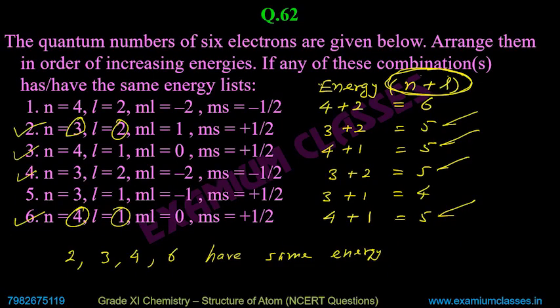Energy is decided by the principal quantum number and azimuthal quantum number only. Yes, these can be marked. Might be that in the question it was minus, but that will not make any change, because it is defined by n plus l value only.